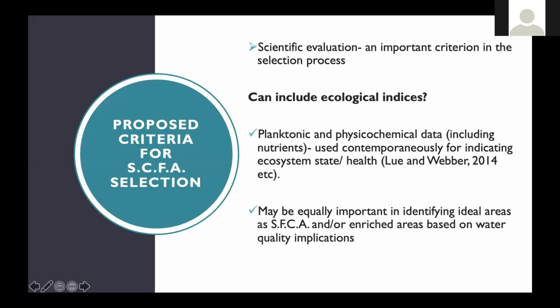But perhaps what's missing from the list of criteria is the use of ecological indices such as planktonic and physical chemical data, which are commonly used to indicate ecosystem state or health. These indices may be equally as important in identifying such areas or, on the other hand, enriched or eutrophic areas.